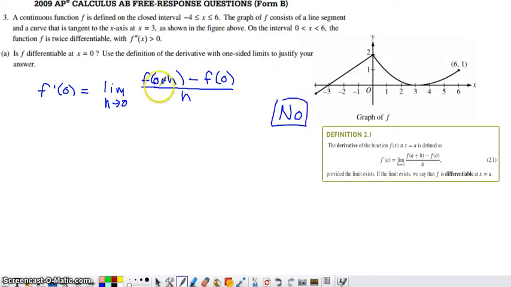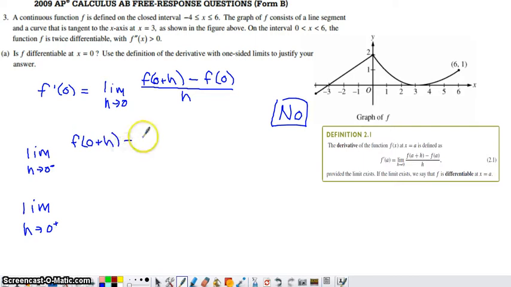Now, how do you use this definition of the derivative to show that? Well, if you think about the one-sided limits here, meaning we'd be approaching 0 from the smaller side, and then also approaching 0 from the bigger side, with the same expression within both limits.